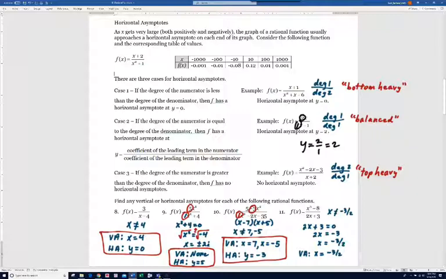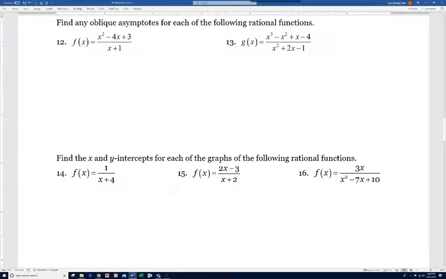As far as horizontal asymptotes are concerned, this is case 3, where we're top heavy, and so there is no horizontal asymptote. In fact, it turns out this is the case where we have an oblique asymptote. So in case 3, we don't have a horizontal asymptote, we're going to have an oblique asymptote. All right, let's move on.